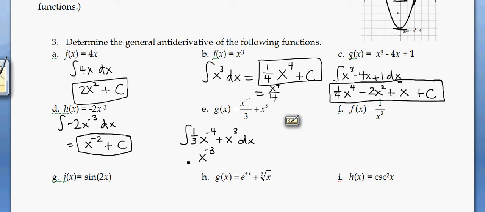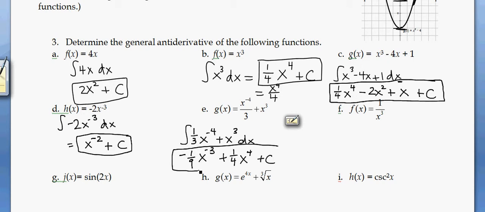So what coefficient could go here so that when I pull down the -3, I'm left with 1/3? If I did 1/9, then I would get a -1/3, so I need to make it a -1/9. So notice if I check by pulling down a -3, I'd get a positive 3/9, which reduces to 1/3. So this works. And then this term we've already done a couple times, so we already know this is 1/4 x to the 4th.